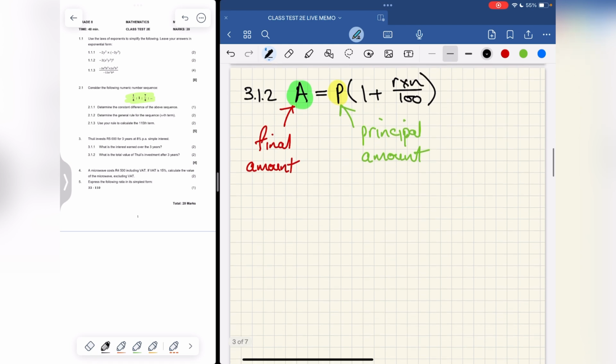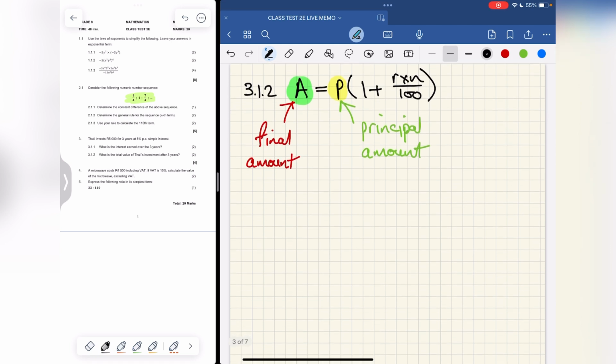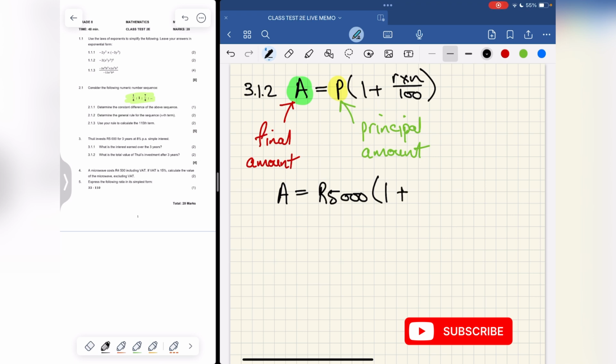So let's just quickly use this. Of course, we don't know the final amount. That's what we're going to calculate. Our principal amount was 5,000 Rand. And then we have 1 plus the interest rate of 8% multiplied by 3 years divided by 100. If I do all of this on the calculator, I always say that we work backwards.